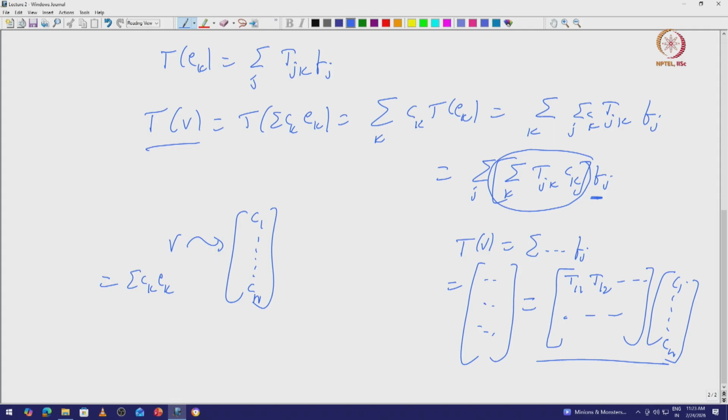In other words, let's call this matrix by this symbol. Morally speaking, I must give you the ordered basis here and the ordered basis there, because for different ordered bases you can get different matrices.